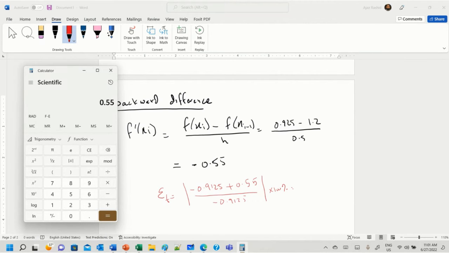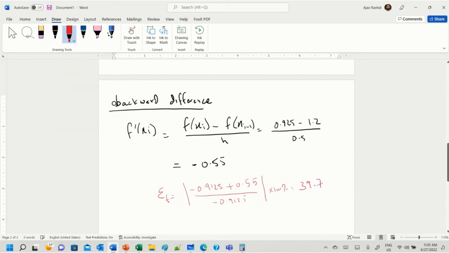So 0.55 minus 0.9125, so we get 39.73. That's the error that we get in the approximation.